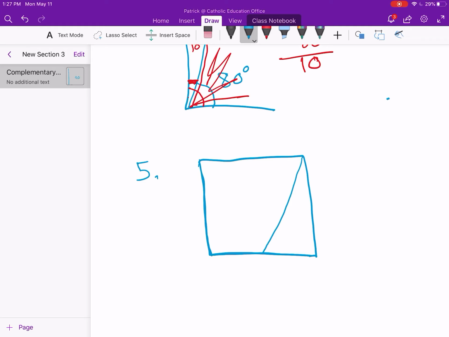So they won't say it's 90, you just have to know that if it's a square or even a rectangle, every corner is 90 degrees, right? So if it asks, what is this angle right here? And it's told you this side here is 20 degrees. What would this side right here be on this square? Draw this, pause the video, and then when you're done, come back and check out your answer.